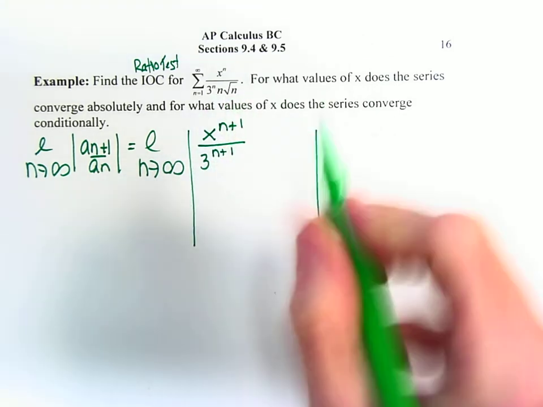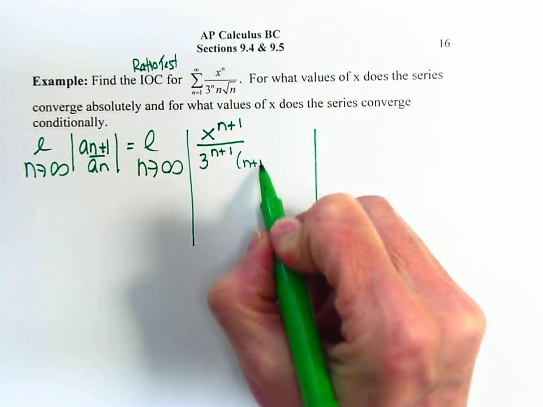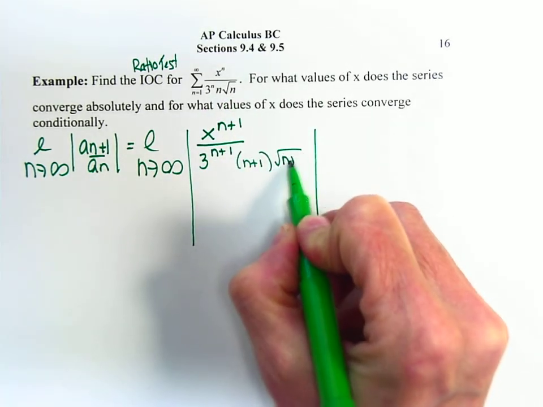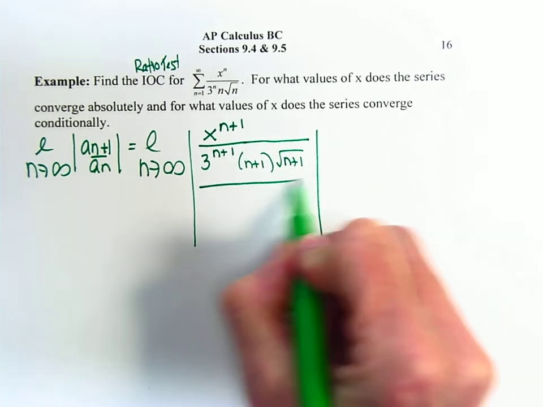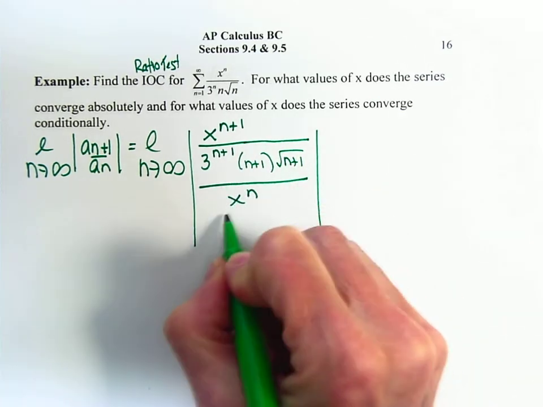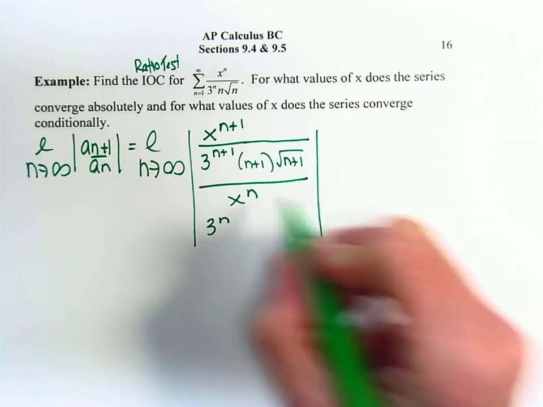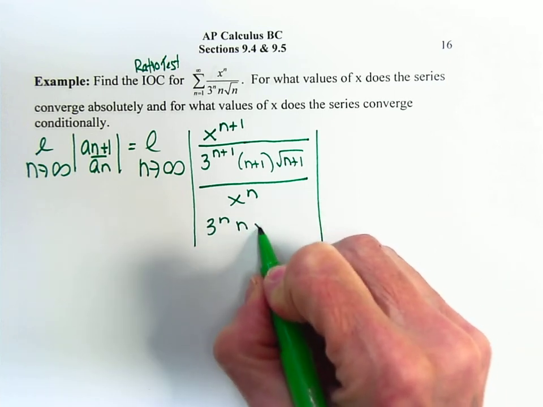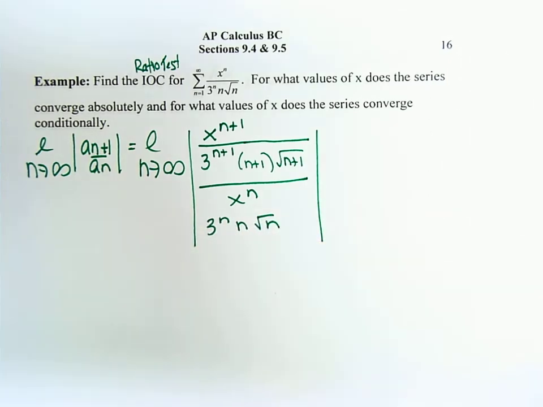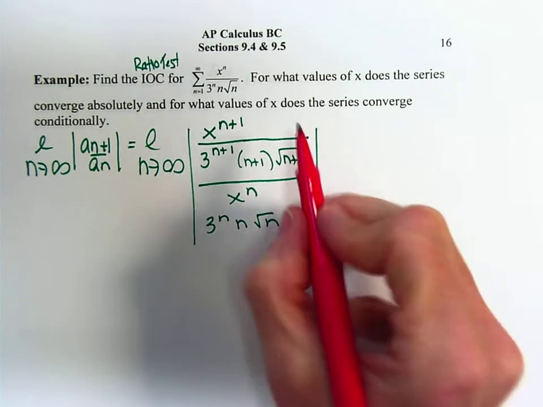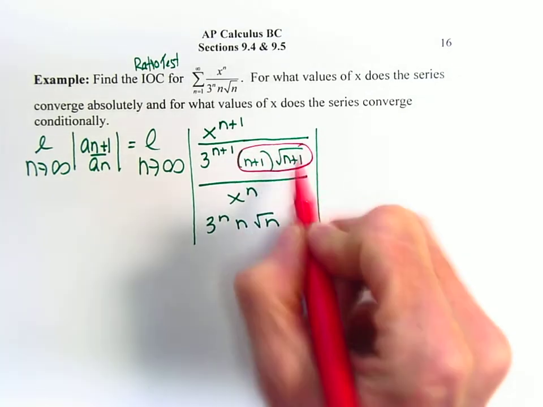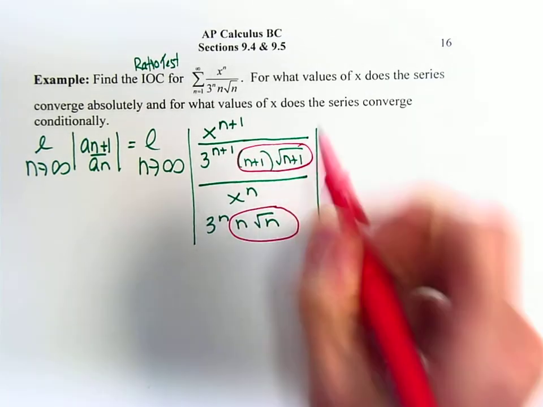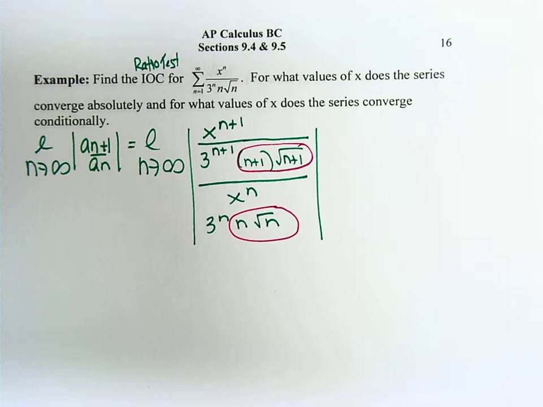Watch out here. n plus 1 square root of n plus 1 all over x to the n, 3 to the n, n square roots of n. I'm going to go ahead and use some of my rules of exponents to simplify before I try to evaluate the limit.